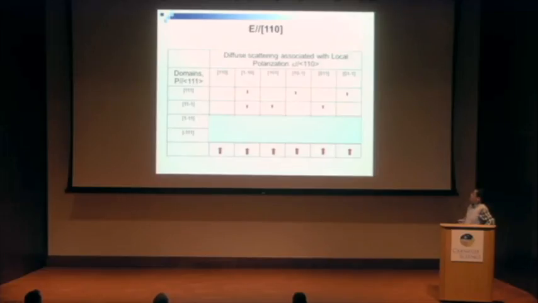And in this case, the diffuse scattering from the 1-10 polarization will have 2 sources, and will be enhanced, and the diffuse scattering from polarization along the 110 direction has no source and will be suppressed. And all the other 4 still have an average contribution, so they will stay almost the same.